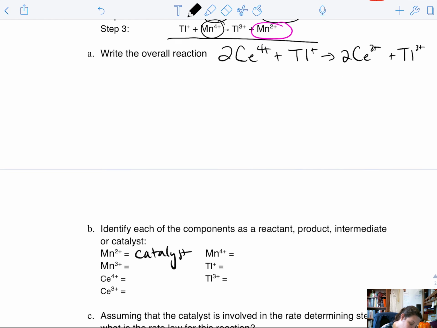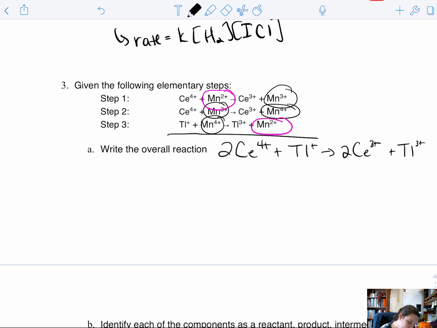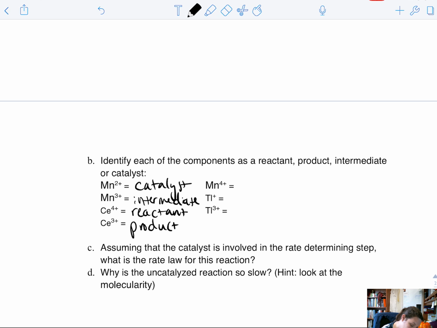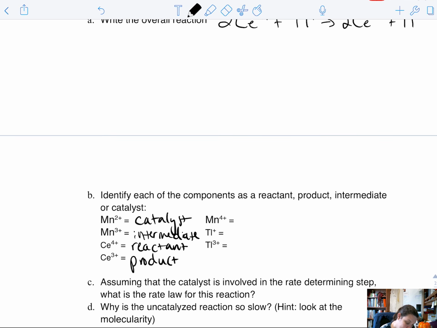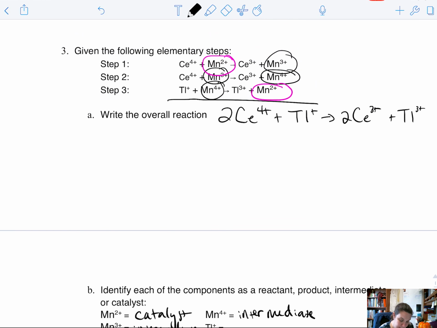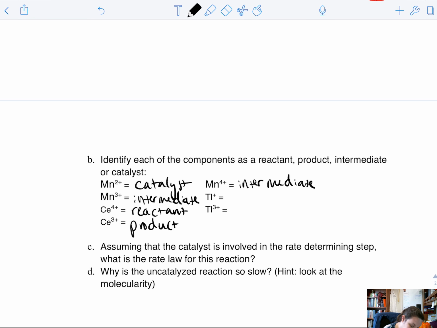Mn3+ would be an intermediate. Ce4+ would be a reactant. Ce3+ would be a product. Mn4+ would be an intermediate. Thulium plus would be a reactant. Thulium 3 plus would be a product.